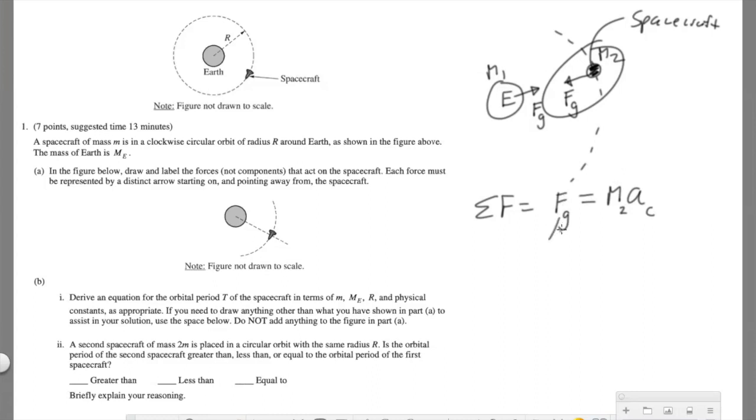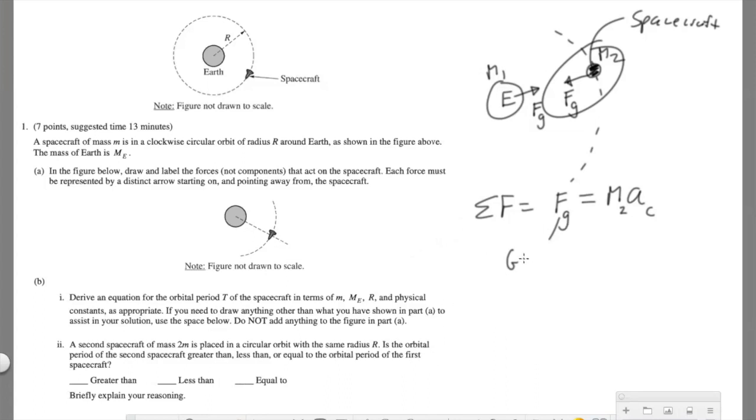There's an equation for the gravitational force between two objects, and that equation is big G, which is the gravitational constant, not to be confused with lowercase g, which is acceleration of gravity. This G is 6.67 times 10 to the negative 11, I believe. It's a very small value.